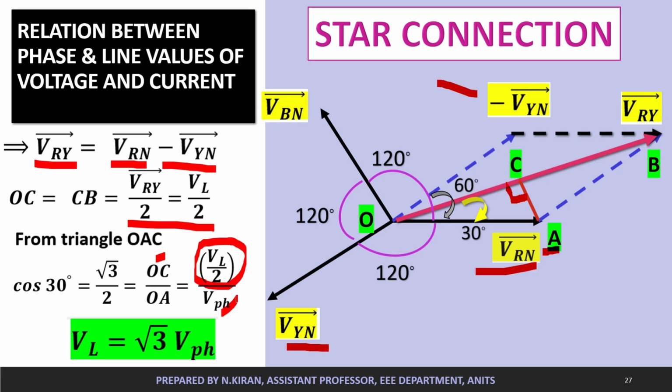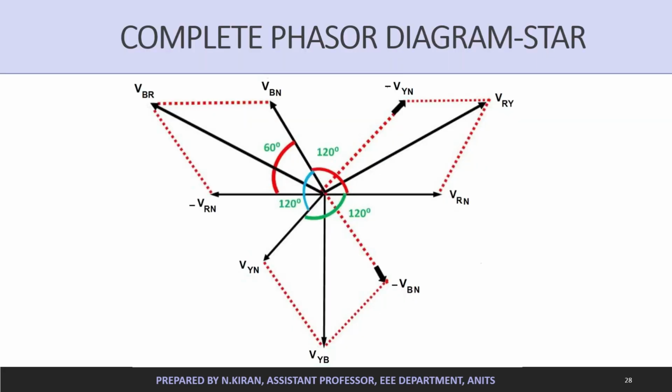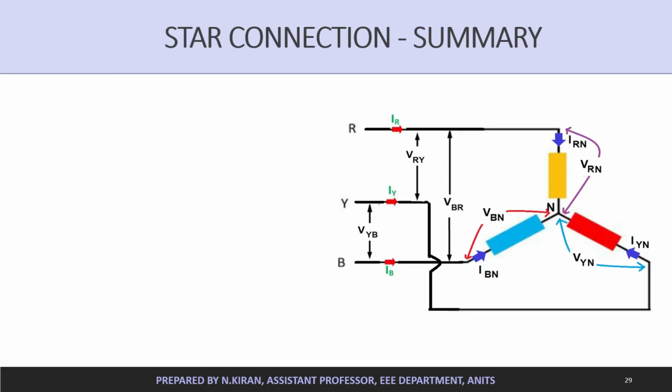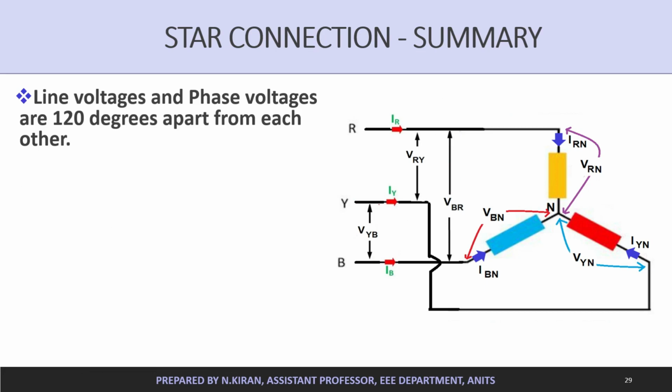This is the phasor representation when I have considered only one equation. When I consider the remaining two equations and incorporate them into the phasor diagram, I get the complete phasor diagram of a star connected system. From this analysis, I can conclude that in star connection, the line voltages as well as the phase voltages are always 120 degrees apart from each other.